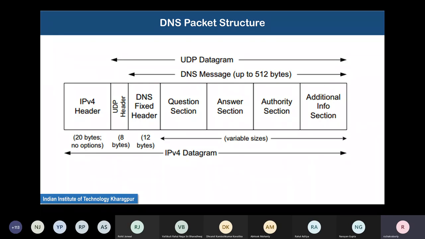It is used in DNS because most of the DNS messages are usually up to 512 bytes. So usually, most commonly up to 512 bytes, and these very comfortably fit within a UDP datagram, which is usually up to 4096 bytes.